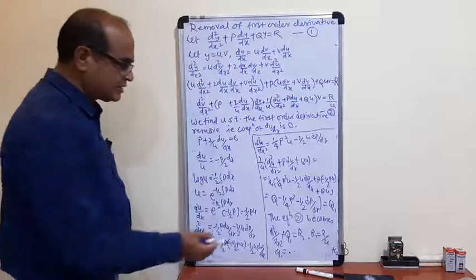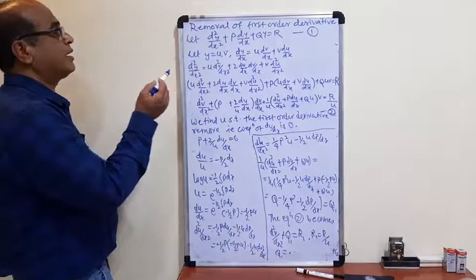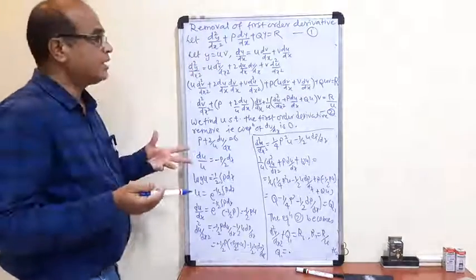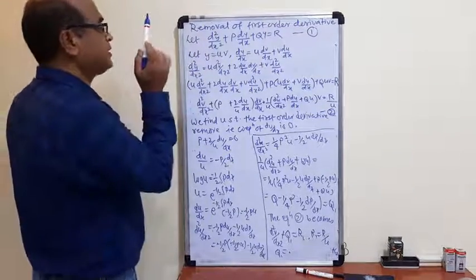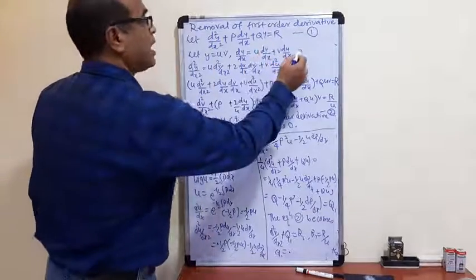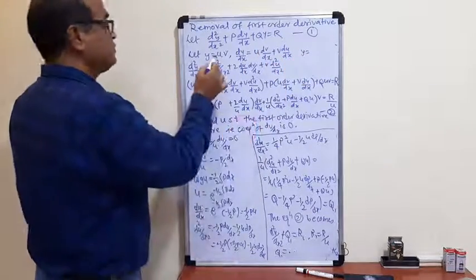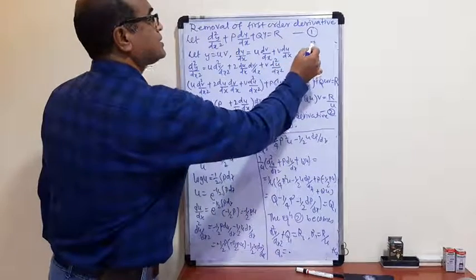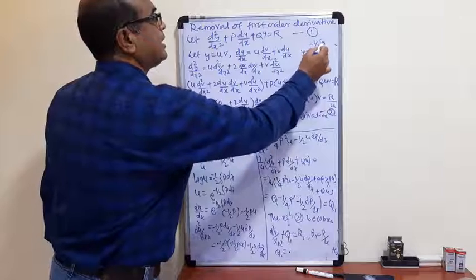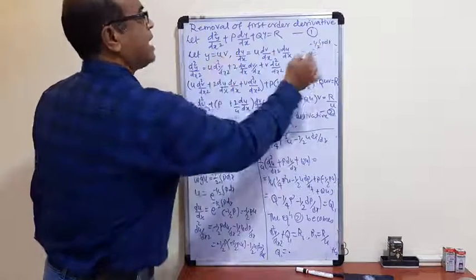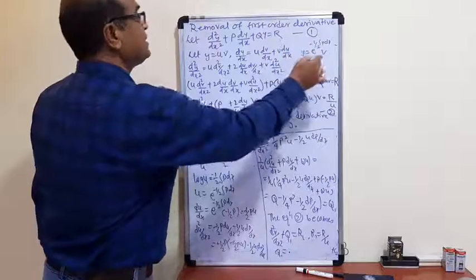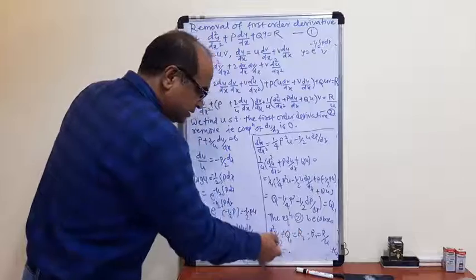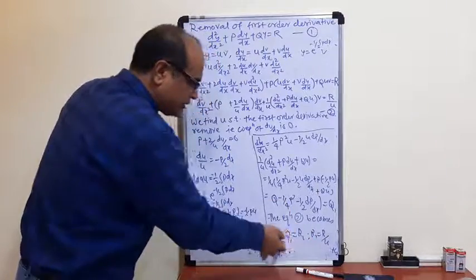So this is when we change the dependent variable y to v with the substitution y is equal to uv, where u is e raised to minus 1 half integration p dx, and v as it is. If we substitute this in the differential equation, it becomes like that, where q1 is this and r1 is this.